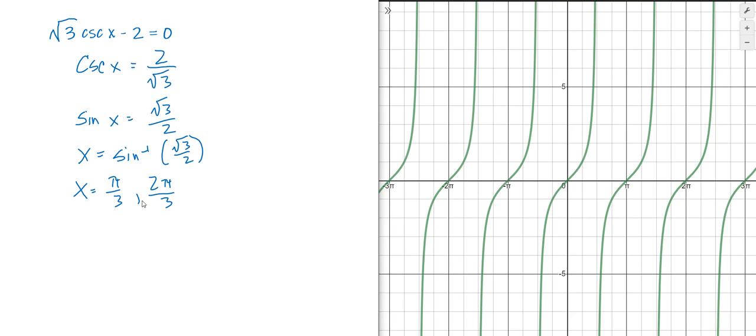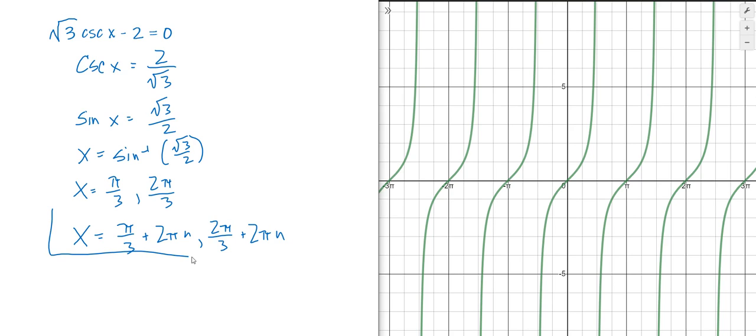Because we have the sine, we're in the first and the second quadrants because our interior value is positive. And now just from our general all real numbers solution, we're going to have x is equal to pi over 3 plus 2 pi n, because that's the period of our sine function, and 2/3 pi plus 2 pi n.